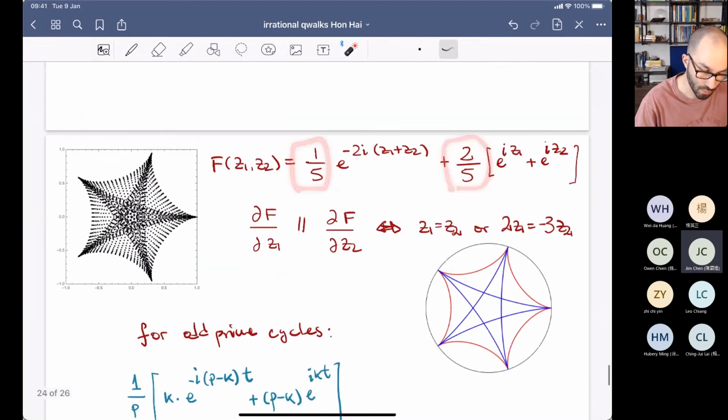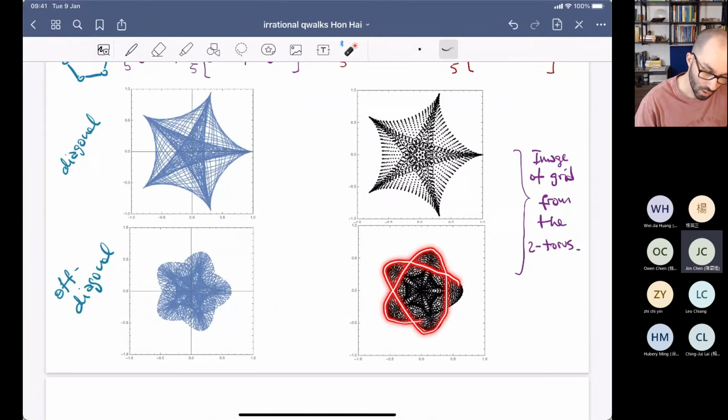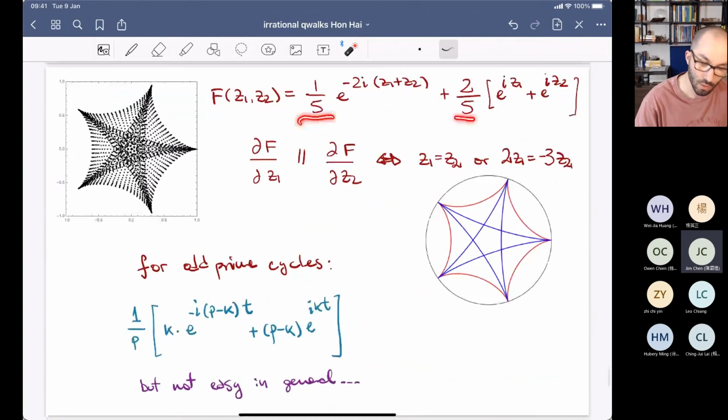Now, if you look, for example, at the off-diagonal entries, and you ask which are these curves here, you would run into trouble because these coefficients will not be so nice. And these coefficients are coming from the eigenprojectors. Okay.